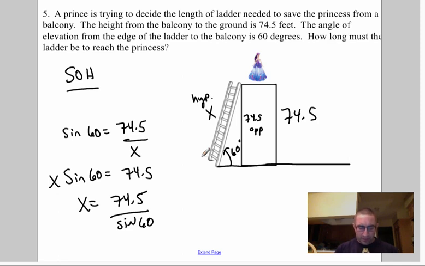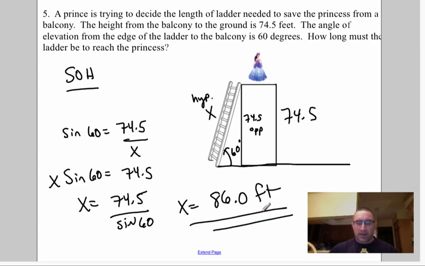And we will go 74.5 divided by the sine of 60 comes out to be 86.0 feet. And again, a good time to pause the video and see if we can get that with our calculator.